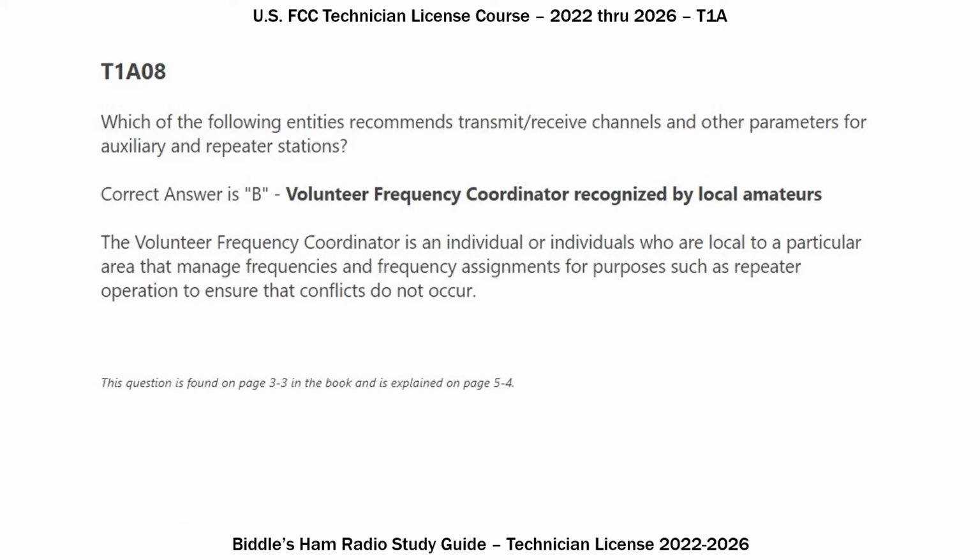The volunteer frequency coordinator acts as a traffic cop of sorts by making sure that people don't conflict with each other, and traffic and communication problems are kept to a minimum.